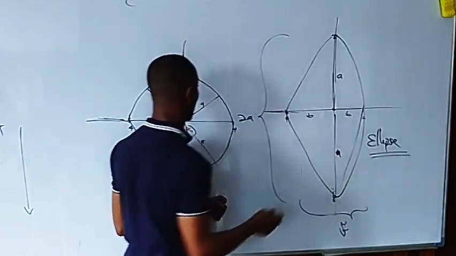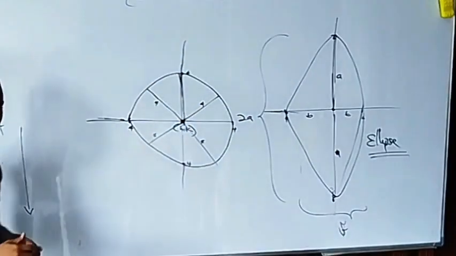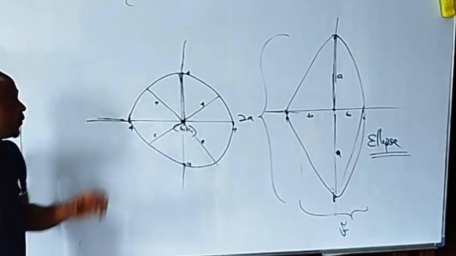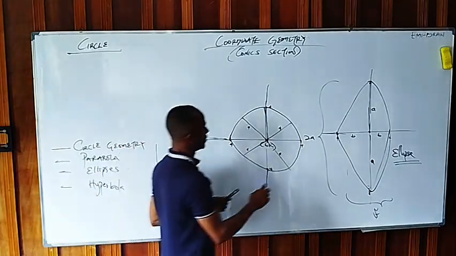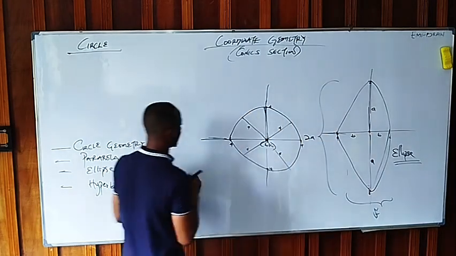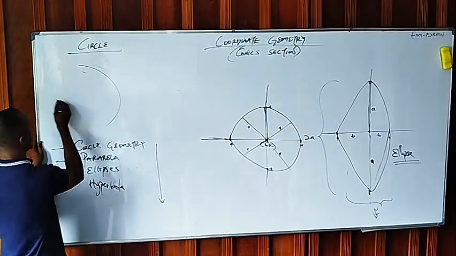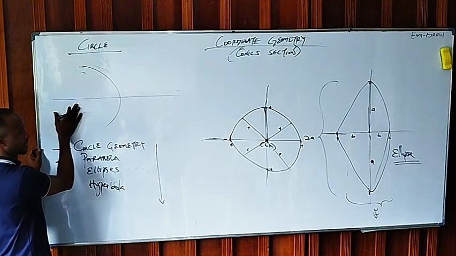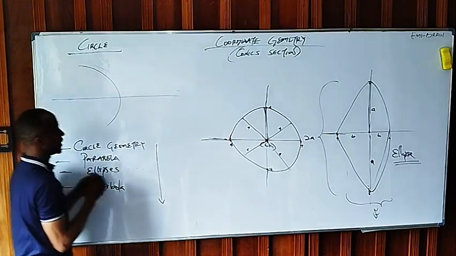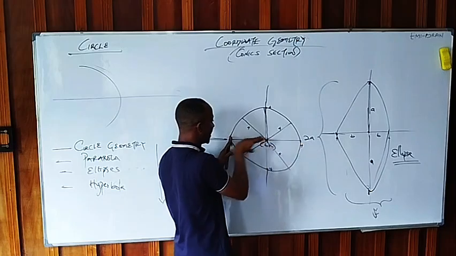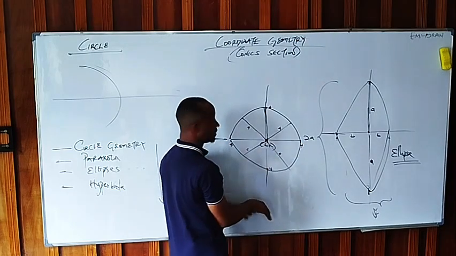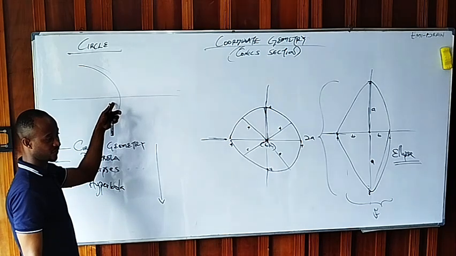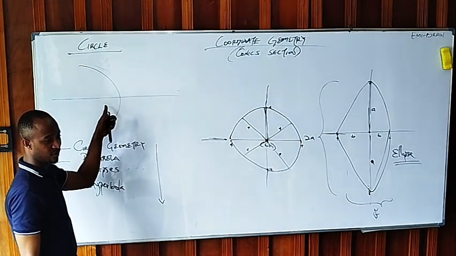This graph you are seeing, all of them, they have their own formula and equation. But let's look at circle. Then when it now comes to parabola, there's a line here. A parabola is just like saying when a circle is being divided into 2 and this part is being taken off, this will form a parabola.